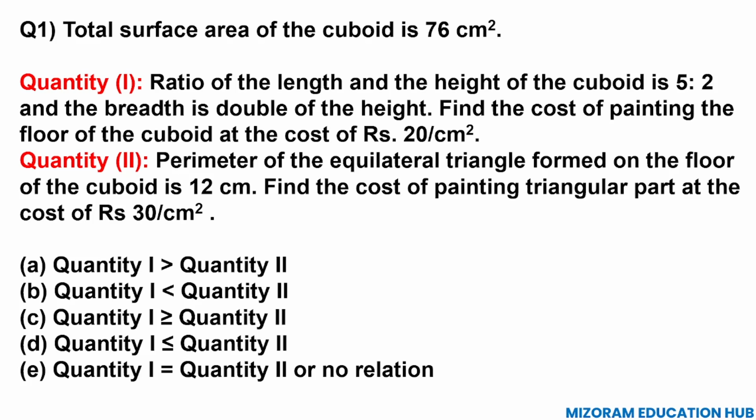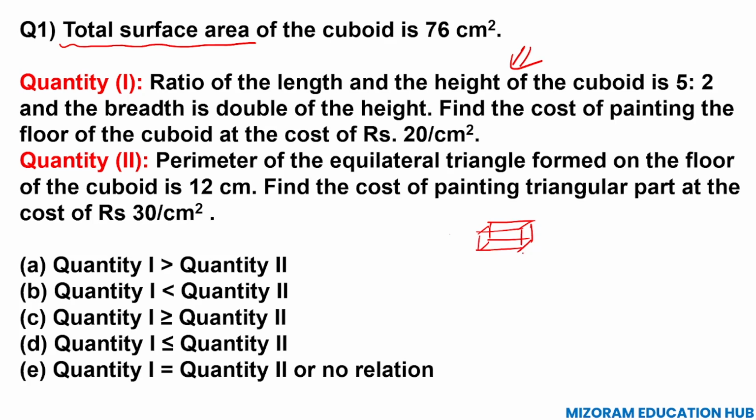So in this case, first we need the total surface area formula. Then find the cost of painting the floor. For the floor we need the length and breadth, which we find with the help of the total surface area. This is a cuboid.